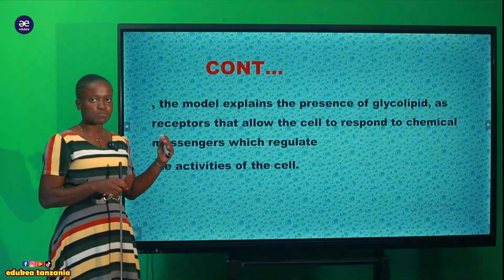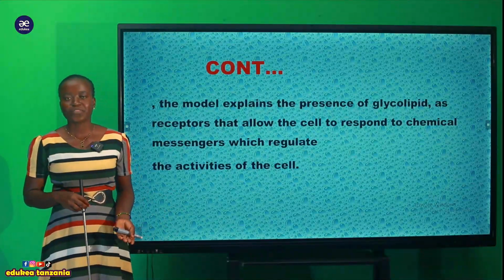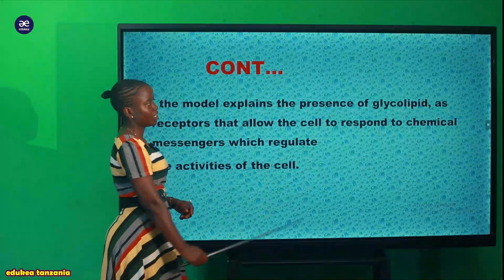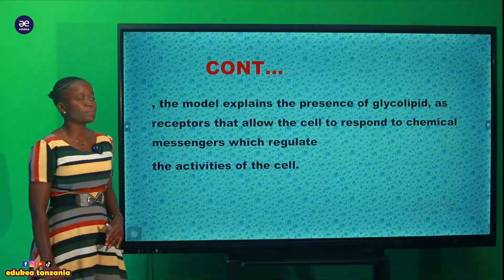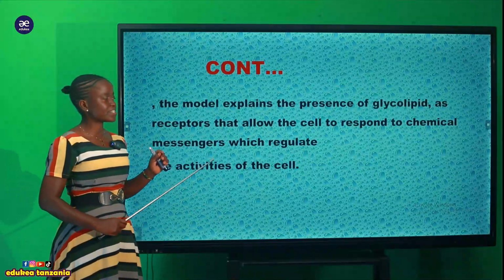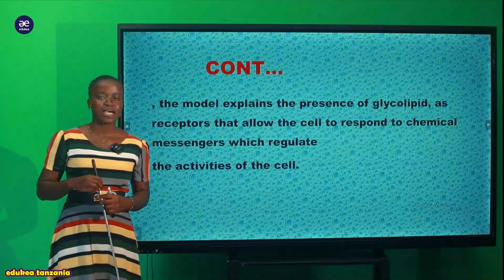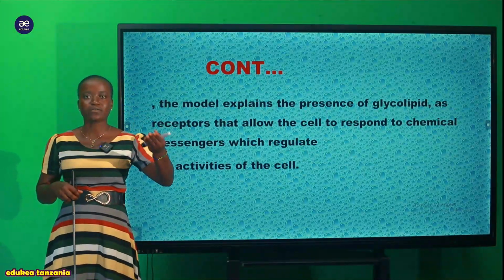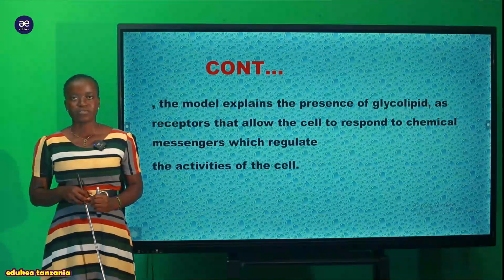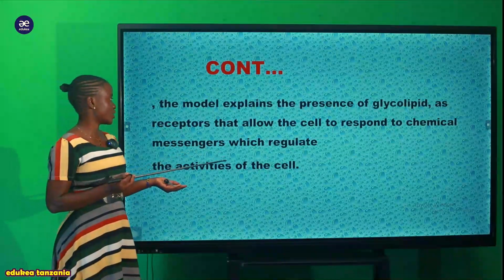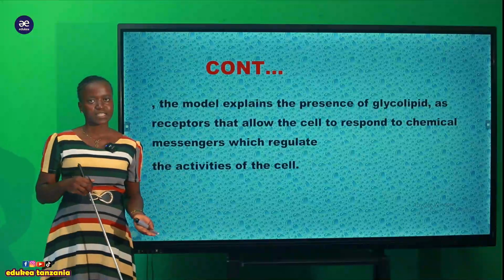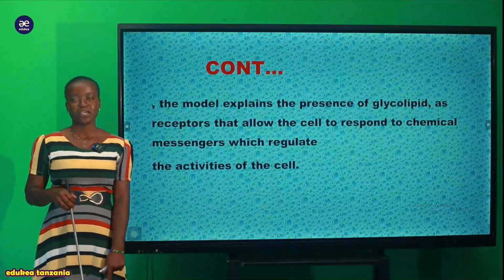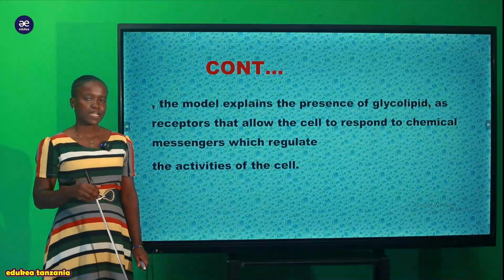Hawakuelezea, but this model tends to explain that within the cell membrane there is a presence of glycolipid. So this glycolipid acts as a receptor. You know, a receptor acts to receive any information on the outside environment, so that the material needed within the cell activity will enter. So that is the role of glycolipid within a cell membrane.